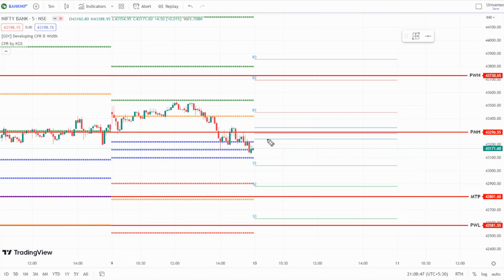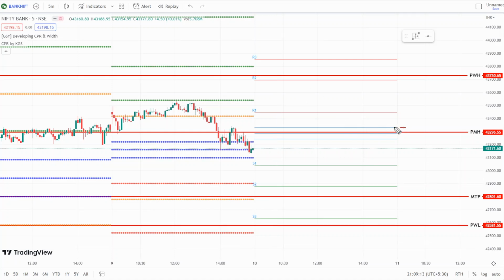The first thing you need to have in mind is that Bank Nifty will be positive only above the top pivot. That's basically the level, I'll just give you an approximate level, 43,330. Yes. So 43,330 you need to look out for in Bank Nifty.